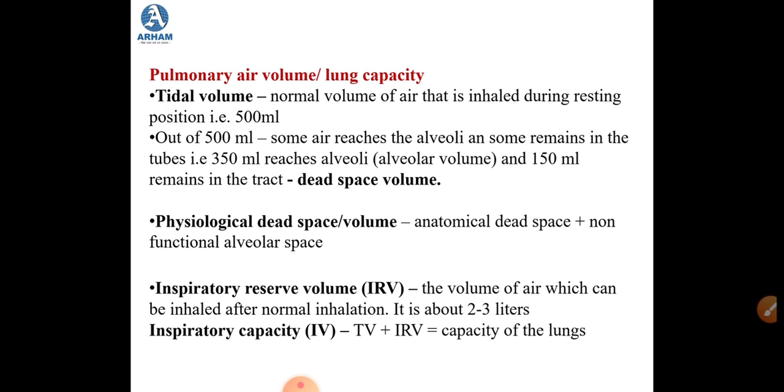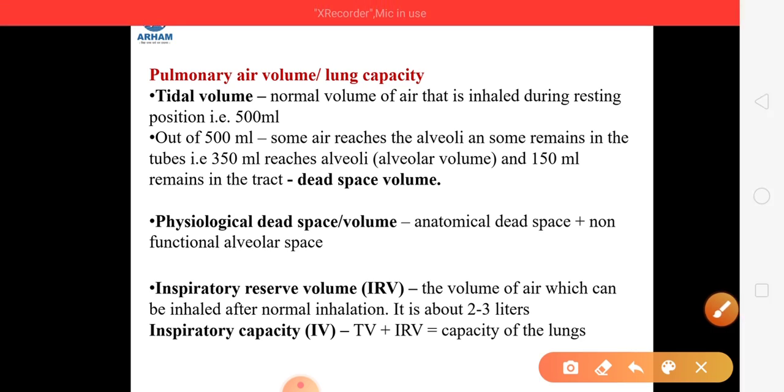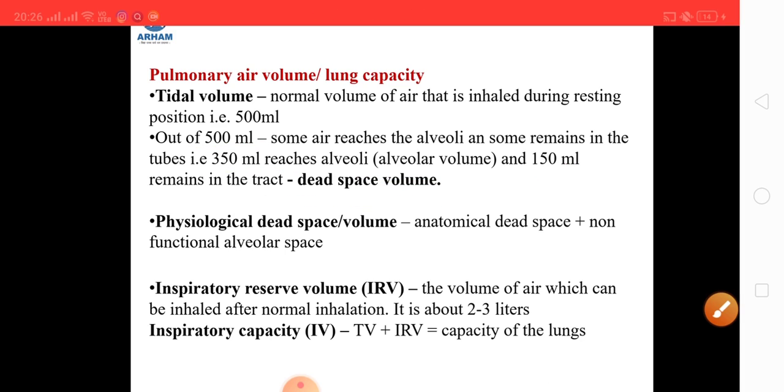So out of 500 ml that we breathe in, 350 ml reaches the alveoli, which is known as the alveolar volume, and 150 ml remains inside the tract, which is known as the dead space volume.